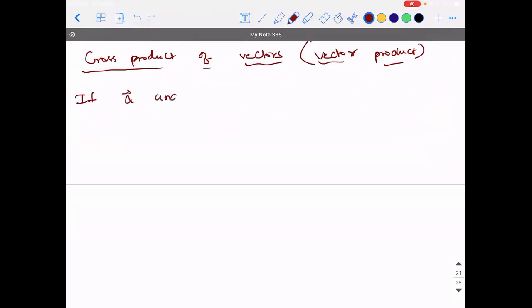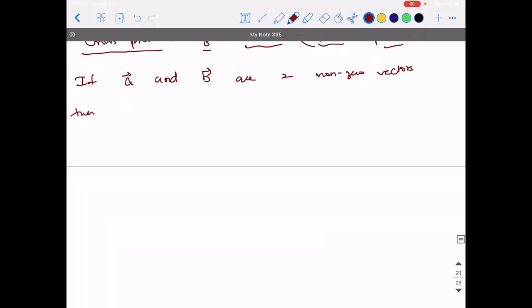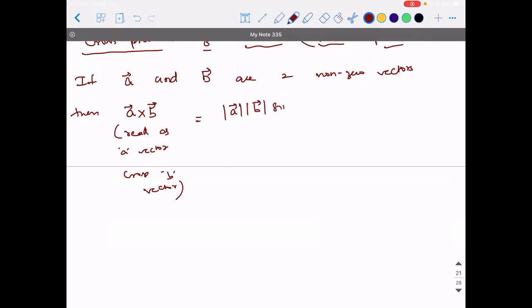If A vector and B vector are two non-zero vectors, when I say non-zero vectors, their magnitude is not equal to 0, then A vector cross B vector is equal to magnitude of A vector into magnitude of B vector into sine theta multiplied with another quantity called n cap.